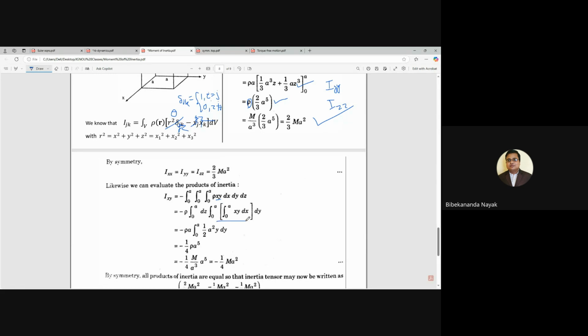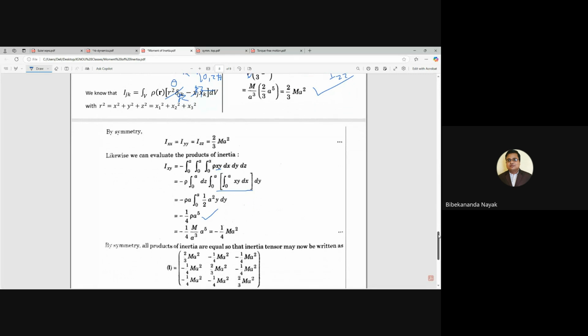Then integrate xy dx dy: with respect to x it is x squared by 2, put a squared by 2 times y dy. Again integrate y squared by 2, put a to the power 5 by minus 4. So minus 1 by 4 m a squared, putting in the volume.